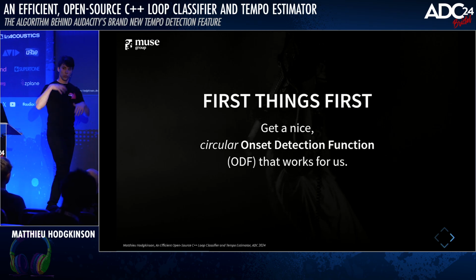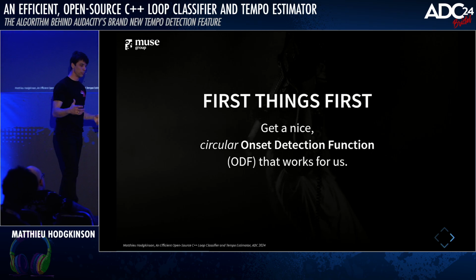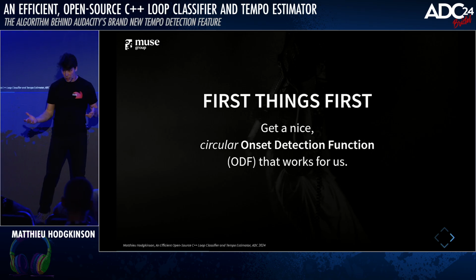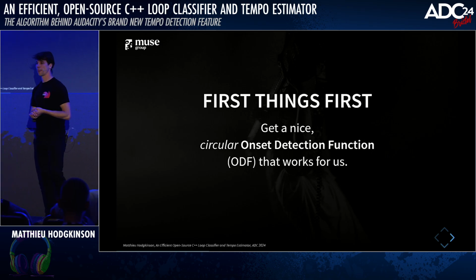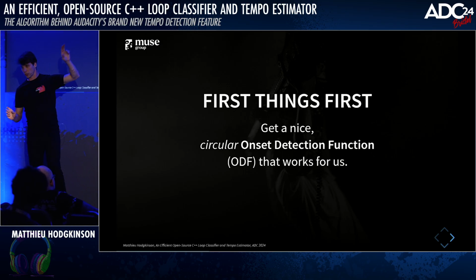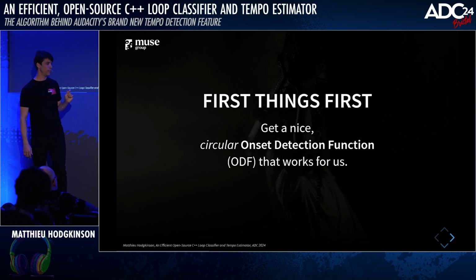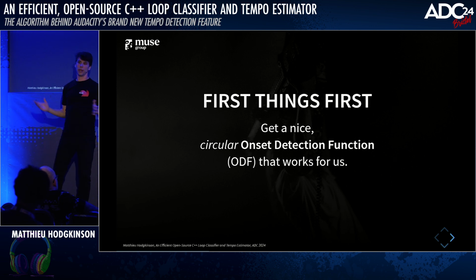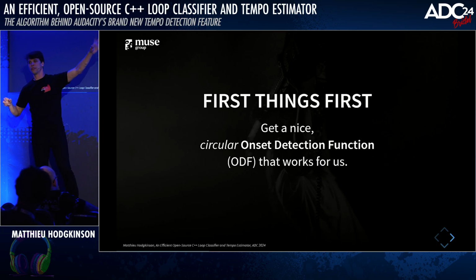And now we are going to look a little bit more at the DSP side of things. The first thing we need is a nice onset detection function. When we get the input, it's a waveform with all the detail that allows the perception of timbre and everything. But it's way too much information.